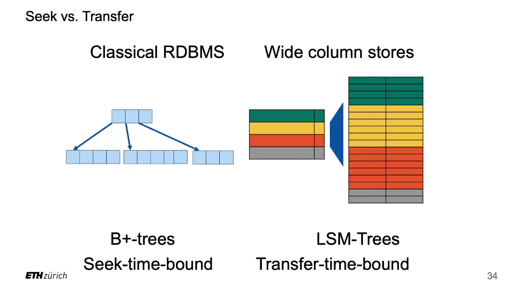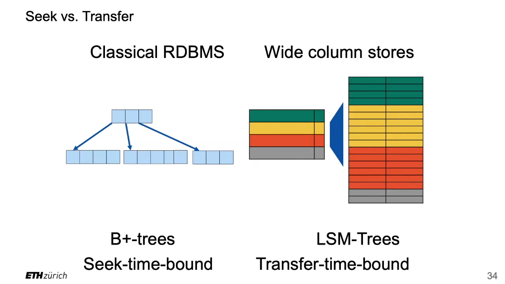But basically, the idea of a B+ tree is that it's seek time bound. The whole motivation behind a B+ tree is that every time you access the disk, you need to pay a latency. You need to wait, if it's a mechanical drive, for the head to arrive. So the B+ trees are structured in blocks in such a way that you fetch entire blocks at a time from the disk. So it's going to be dominated by seek time.